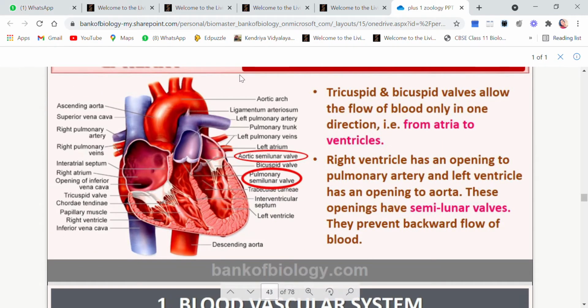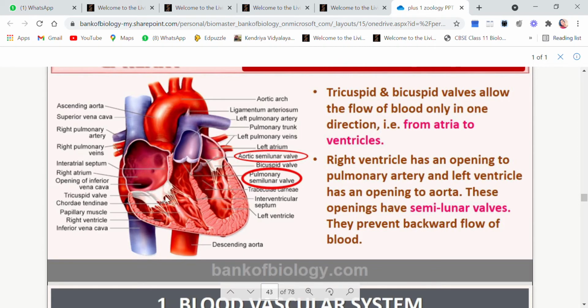Children, tricuspid and bicuspid valves allow the flow of blood only in one direction, that is from atria to ventricles. So you have to remember this point, very important. The flow of blood is always from auricles to ventricles.